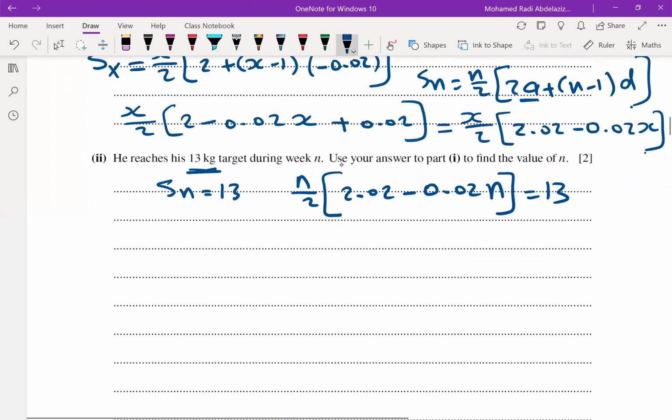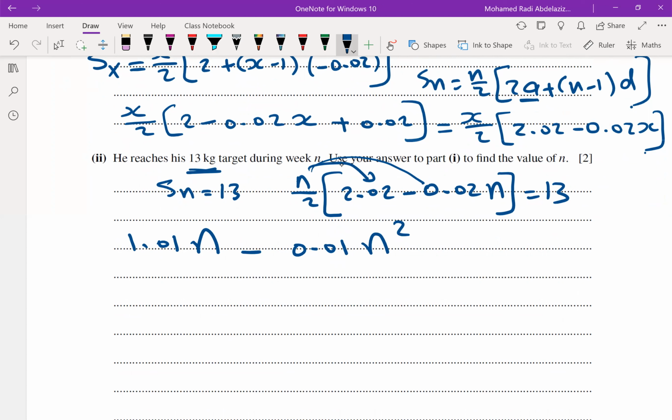Try to simplify this equation by expanding and simplifying. When you multiply, you will get 1.01n minus 0.01n squared minus 13 is equal to 0. Rearrange your quadratic equation: negative 0.01n squared plus 1.01n minus 13 is equal to 0.